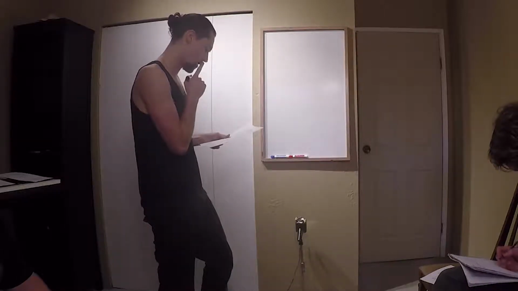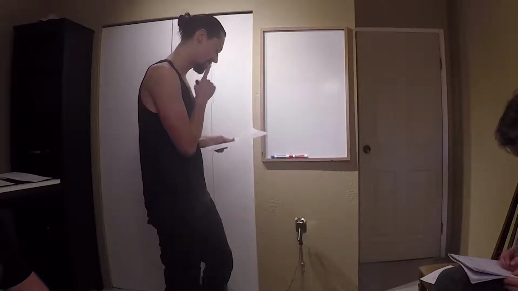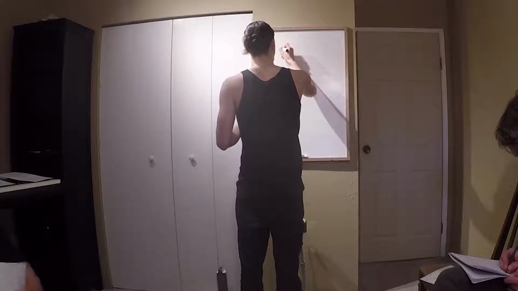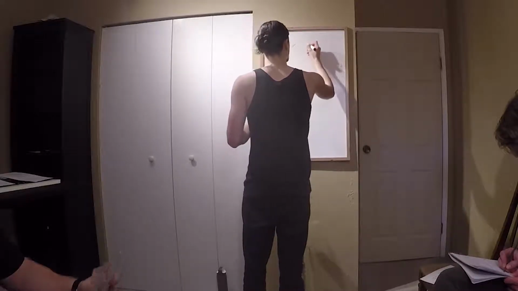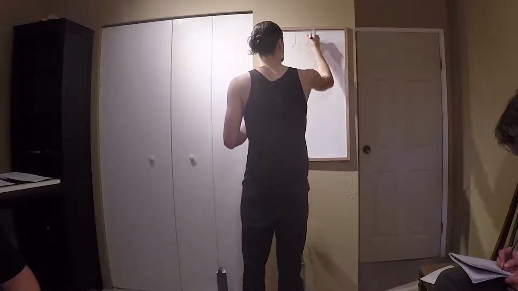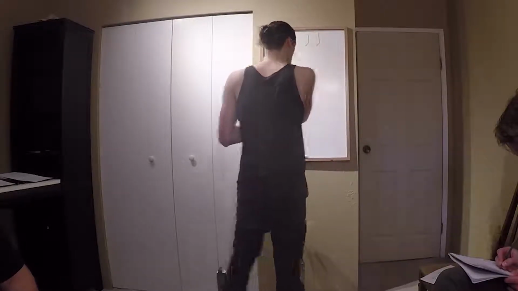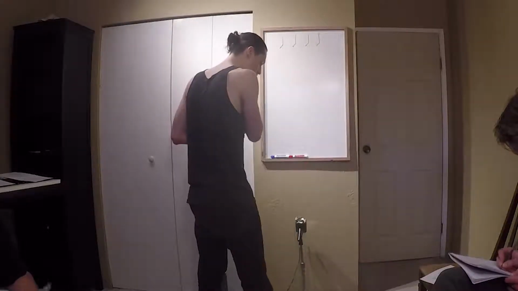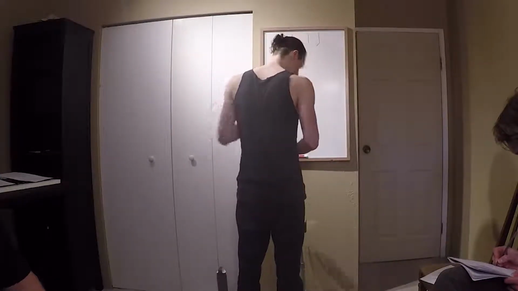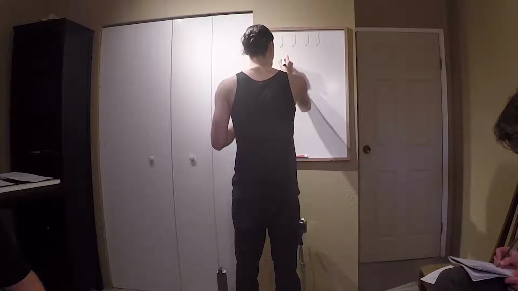So now we're going to talk about dots and ties. So let's get just these 4 quarters again as our reference point. And let's look at a dotted half note.